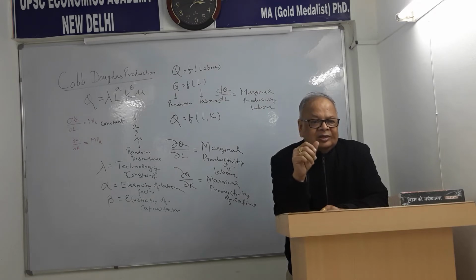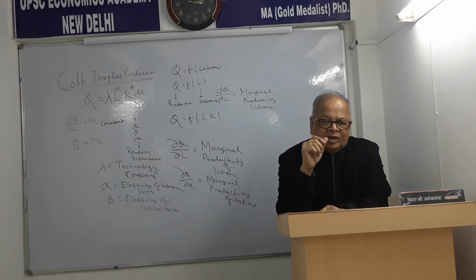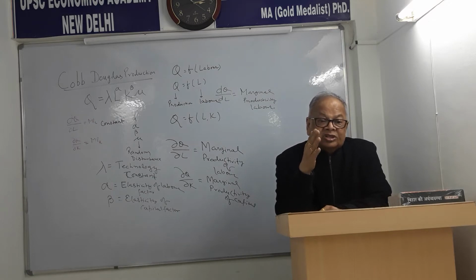Alfred Marshall in 1890 wrote a book, Principles of Economics. In that book he has written that there is no sharp line of distinction between short run and long run.